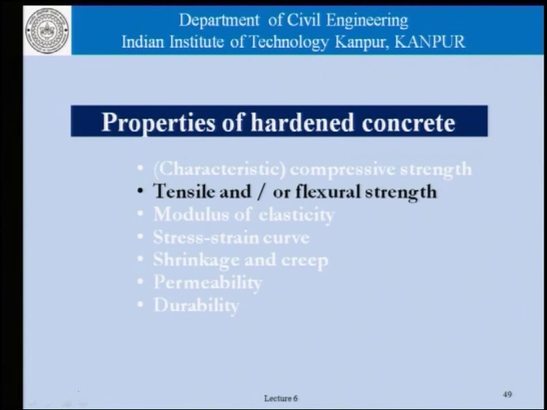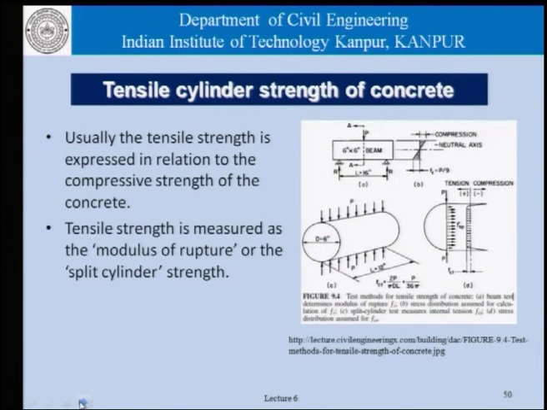There, in the absence of data, if we do not determine these parameters directly, we are allowed to estimate the tensile and flexural strength from compressive strength. But if we have to actually determine them, here are two methods, the modulus of rupture or the split cylinder test, which are used to estimate the tensile strength of concrete. It may be the split cylinder tensile strength or the modulus of rupture.